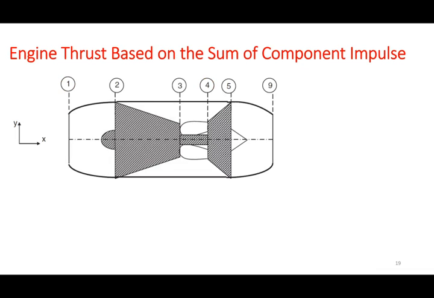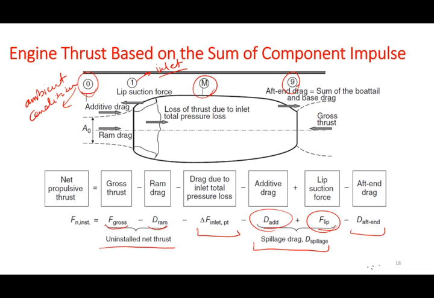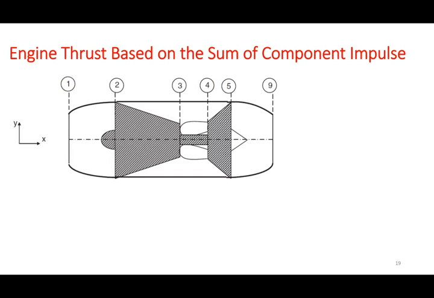Okay. So to write the impulses, as we said, we want to talk about the component impulse. When we are talking about the component impulses, it means that we want to go into the engine, right? So we want to talk about the gross uninstalled thrust, and we want to quantify that using the impulse of each component. So inside an engine, we have 9 stations.